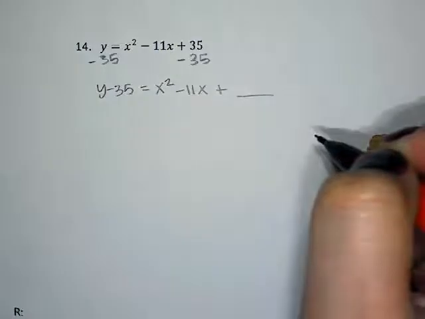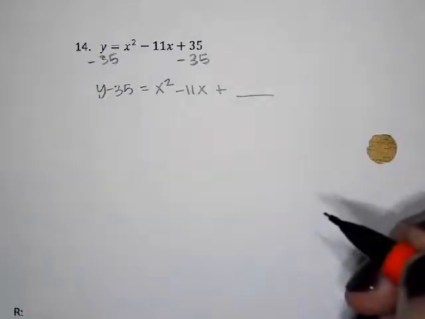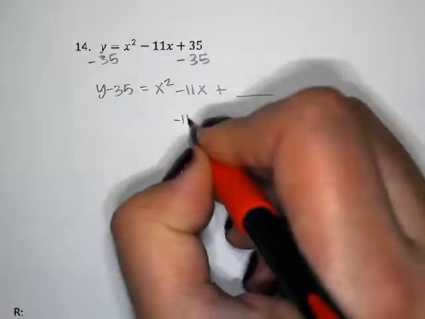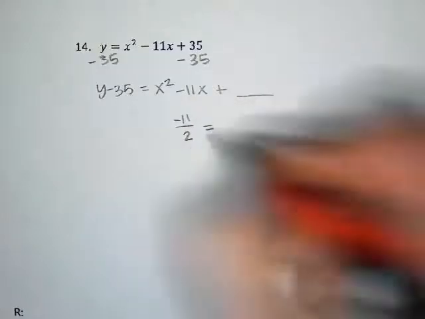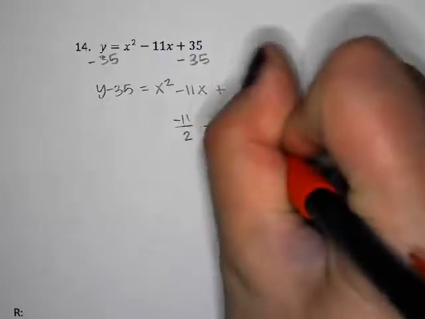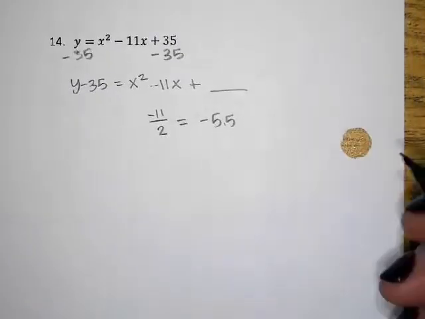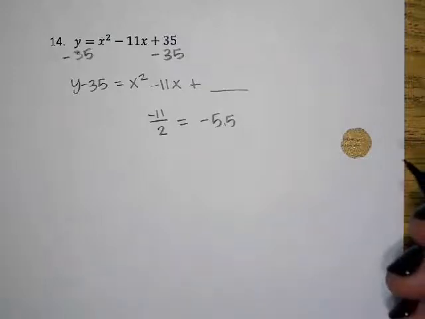Okay. And then what do we do? Negative 11 divided by 2 is a decimal. What's the decimal? Negative 5.5. Okay. And then we're going to take the negative 5.5, and what are we going to do with it? Square it.